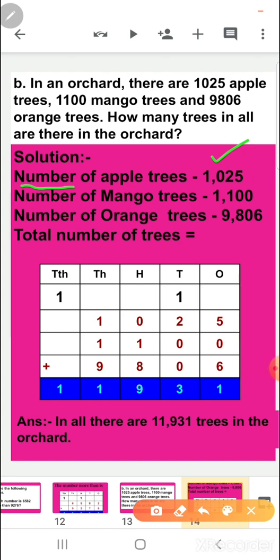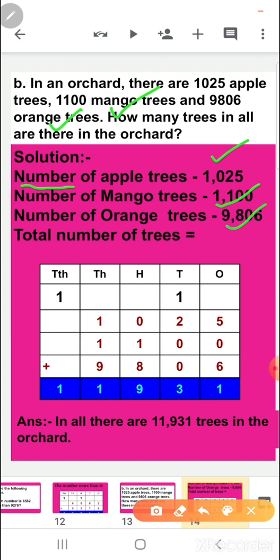1025. The second one is about mango trees. So number of mango trees is equal to 1100. After that, it is about orange trees. So it is number of orange trees is equal to 9806.